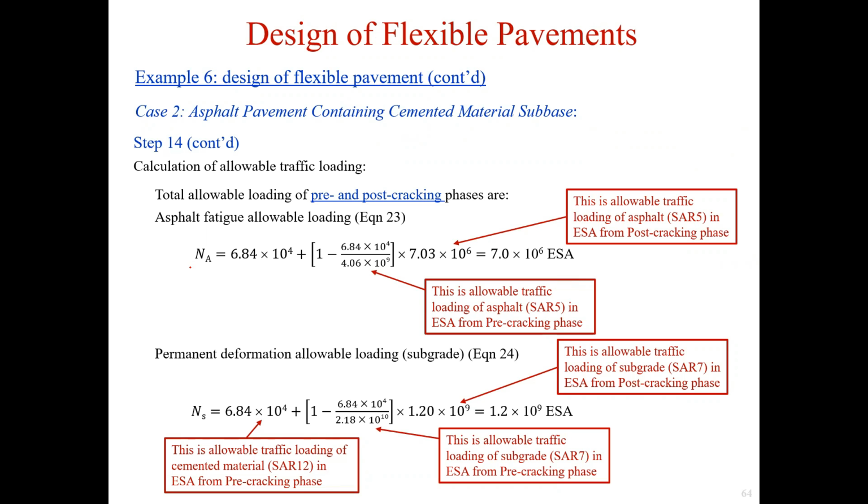The permanent deformation allowable loading of subgrade can be calculated using equation 24, and we obtain the final value of 1.2 times 10 to the power of 7 ESA. Same as the last slide, you can see the labels for the meaning of each number in these two equations.